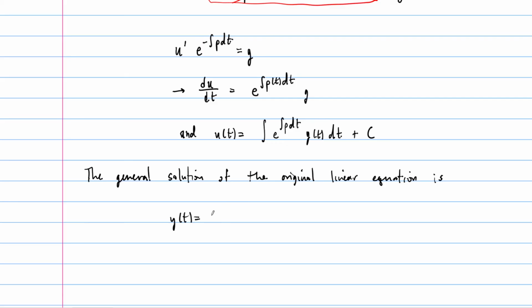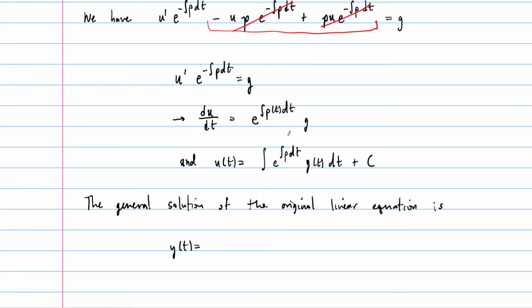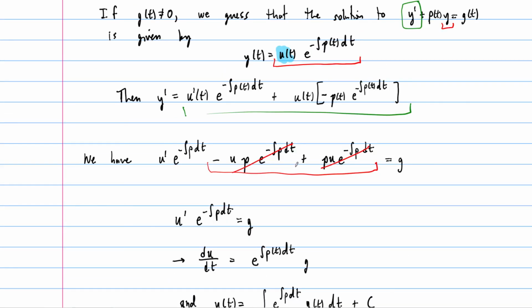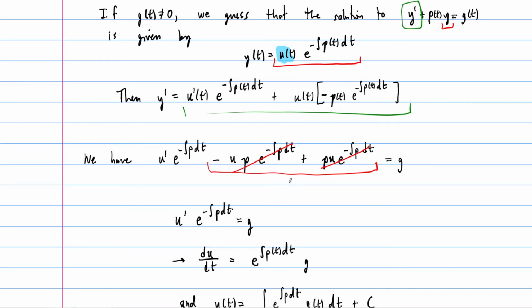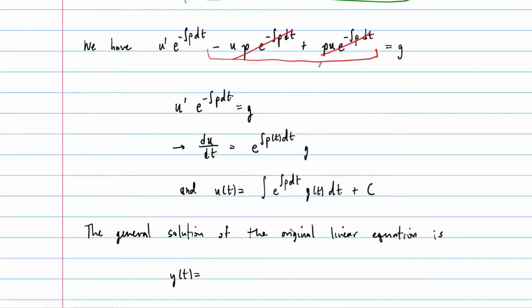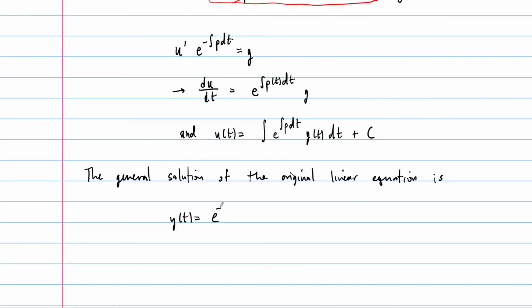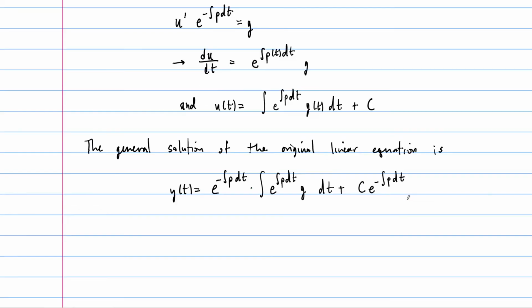I think it's pretty clear at this point what everything is. Remember, e to the integral p dt is what we've called mu, and then this one is 1 over mu. But let's write it out. So e to the minus integral p dt times the integral of e to the integral p dt times g dt plus c e to the minus integral p dt.